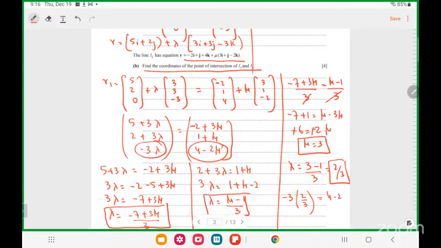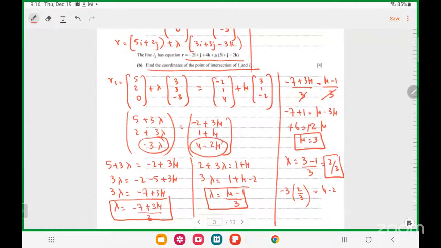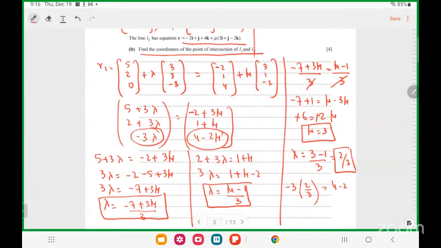It's 2 upon 3. I have substituted lambda in this.